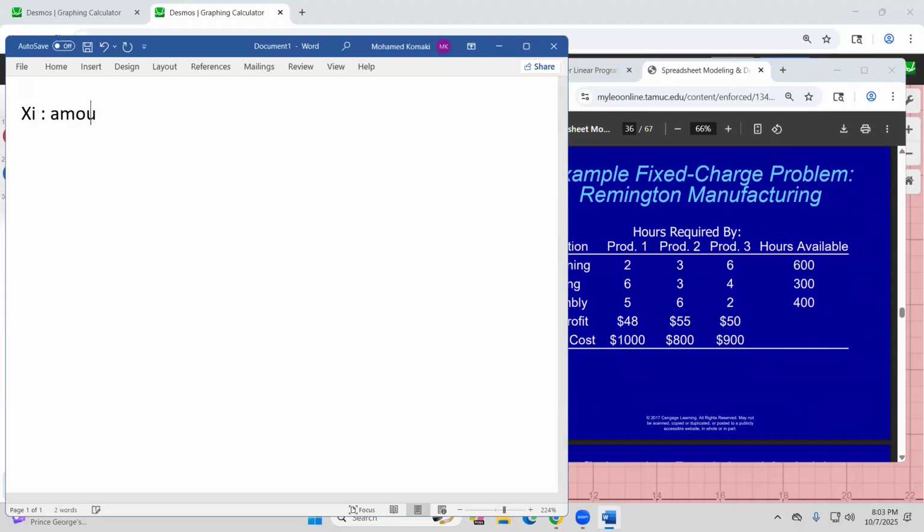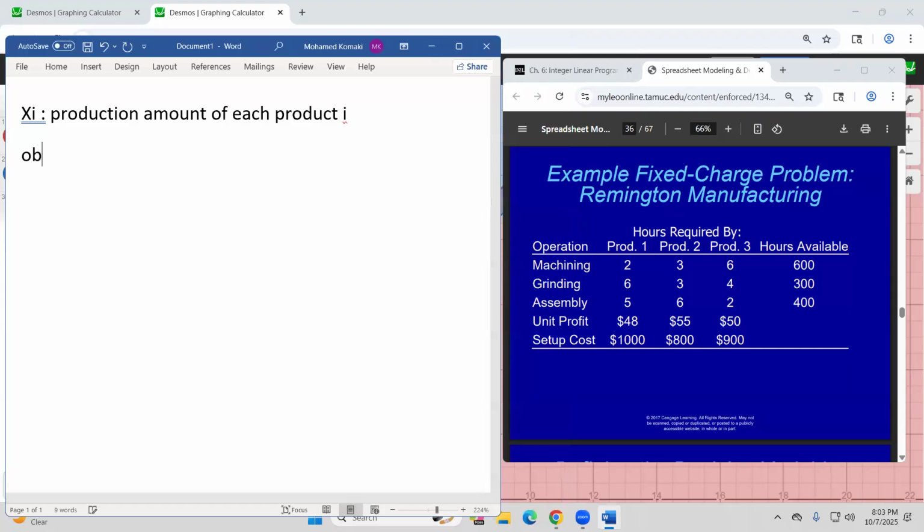So I write the objective function based on what we have so far, and later I'm going to expand this.